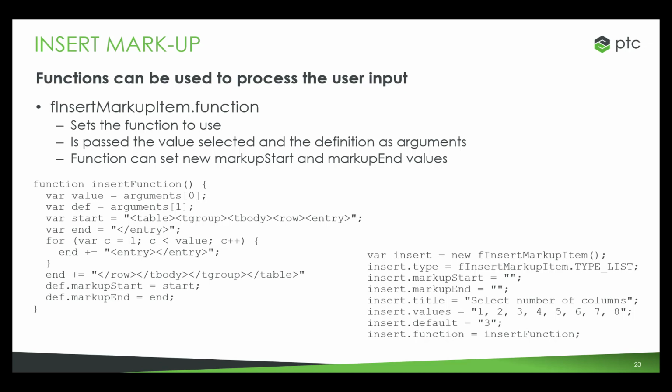So you can take the value which has been selected, and that's passed to the function as argument 0, and the insert markup definition, and then you can massage what the user has input and change the markup start and markup end, which will get output to suit whatever the user's input. So the example which is shown here is inserting a table based on the number of rows, number of columns rather, which the user has selected in the drop-down dialog box.